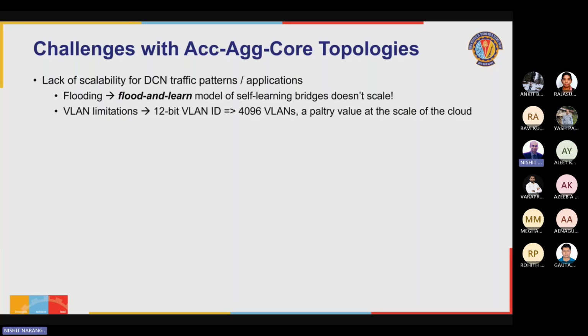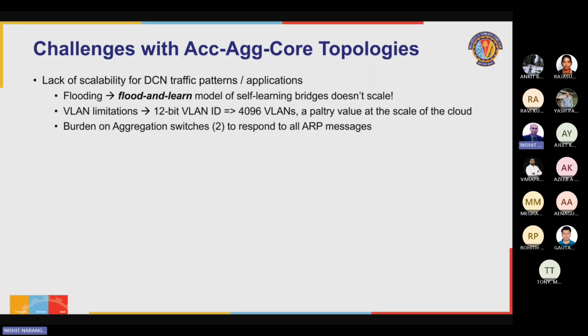It's like saying you are limited to only 4096 tenants. You cannot have more than 4096 tenants. That's the maximum number of virtual local area networks that you can create. It's a small number compared to the number of tenants that a cloud service provider has today. Okay. So, one, the self-learning doesn't scale to large topologies. Two, the number of VLANs I can create on these large data center networks is limited by the VLAN ID.